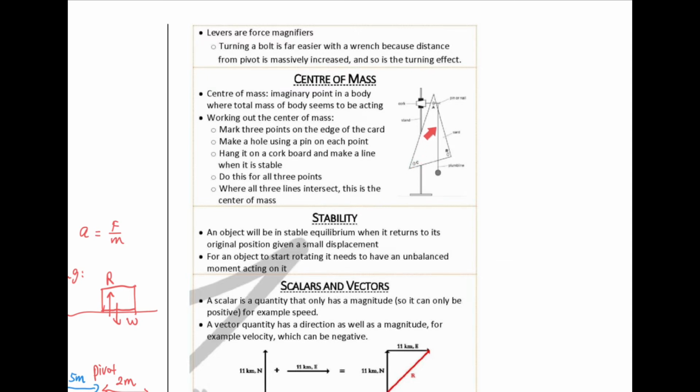You put a hole here, and then you hang a string with a pendulum bob here. Then you draw with a pencil the straight line of the string.